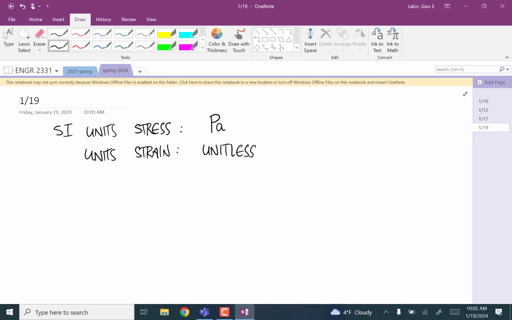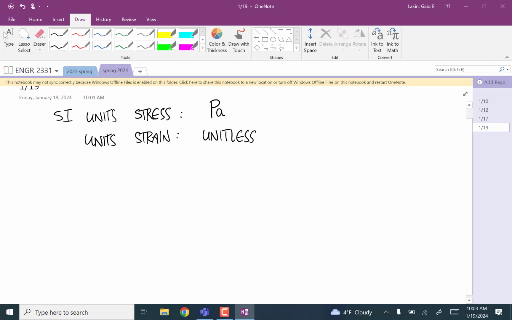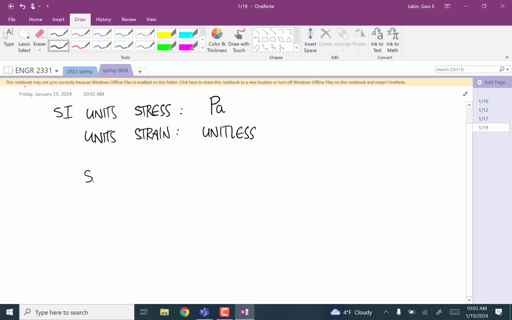We talked about normal strains last time, and I guess we sort of talked about what the shear strains are too, but I'm going to illustrate it a little more this time. Okay, so the shear strains have to do with changes in angle.